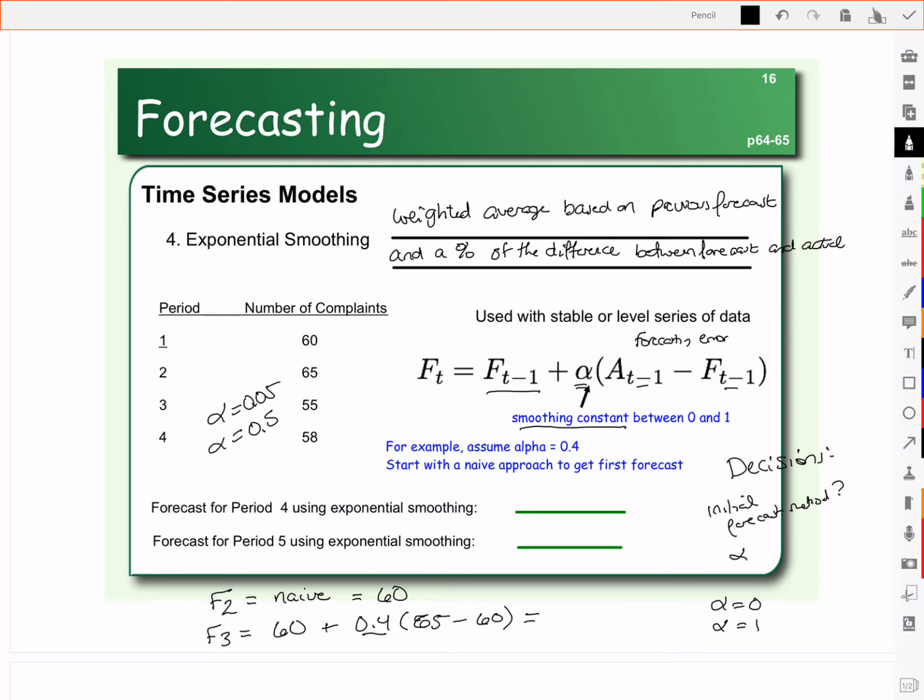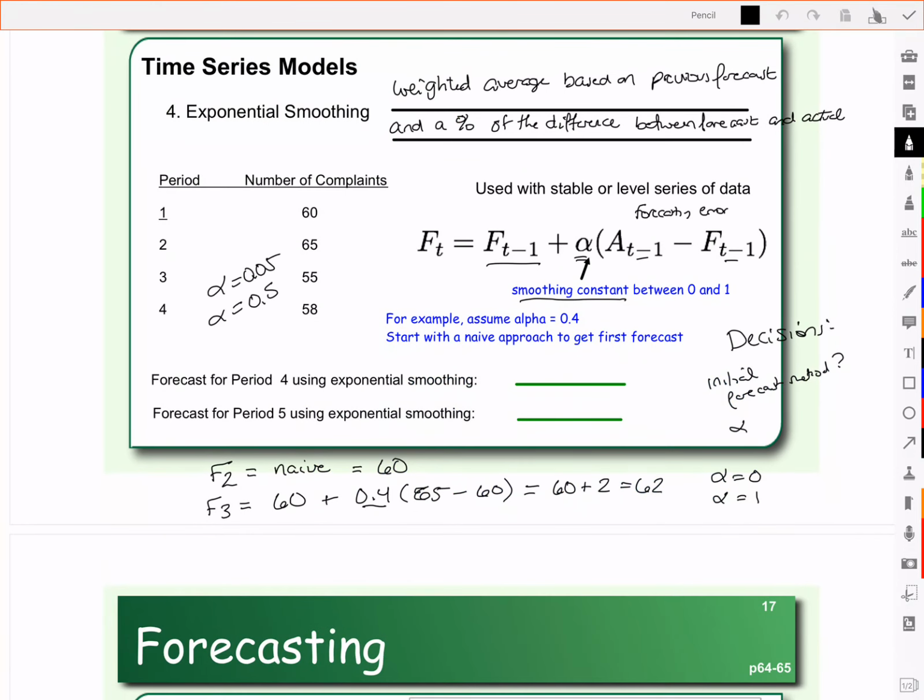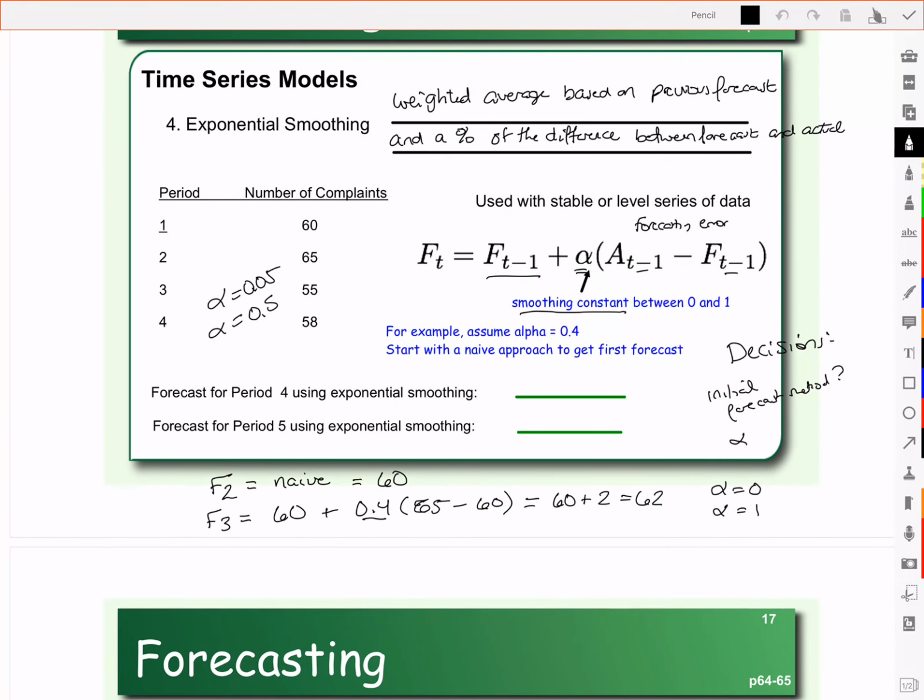So if it's 0.4, then we're going to take our forecasting error of 5 and multiply it times the 0.4. So essentially we're going to take part of that error, and that's 60 plus 2. So our forecast now for period 3 is 62.